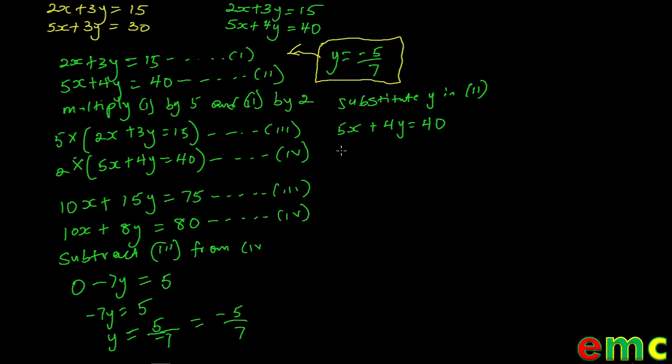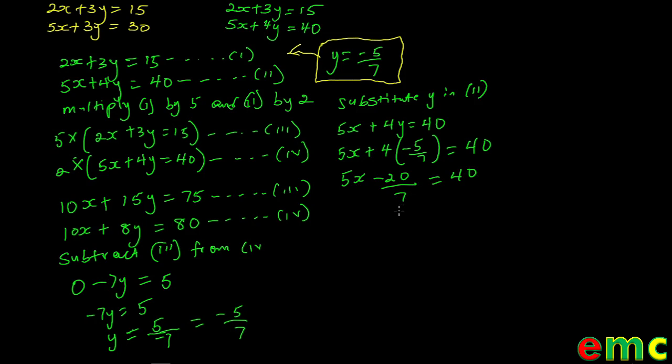With y equal to minus 5 over 7, this is going to be 5x, 4 times minus 5 gives us minus 20 over 7, and that is equal to 40.